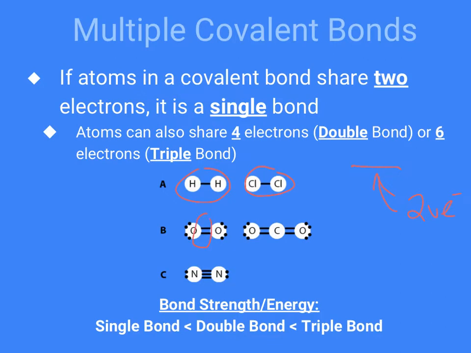So there are 2 bonds, 2 bonded pairs, for a total of 4 electrons shared between them. And then over here, we get a triple bond right in the middle. That is 3 bonds, or 3 bonded pairs, for a total of 6 valence electrons.